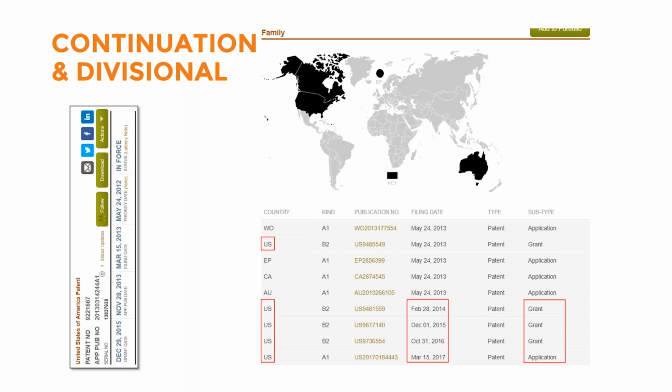The continuations have to claim something that was disclosed in the original matter, but a different set of claimed subject matter. So you have to start parsing this apart with the claims, and then picking out the scope of the limitations in each of the file histories as you go into these analytically.